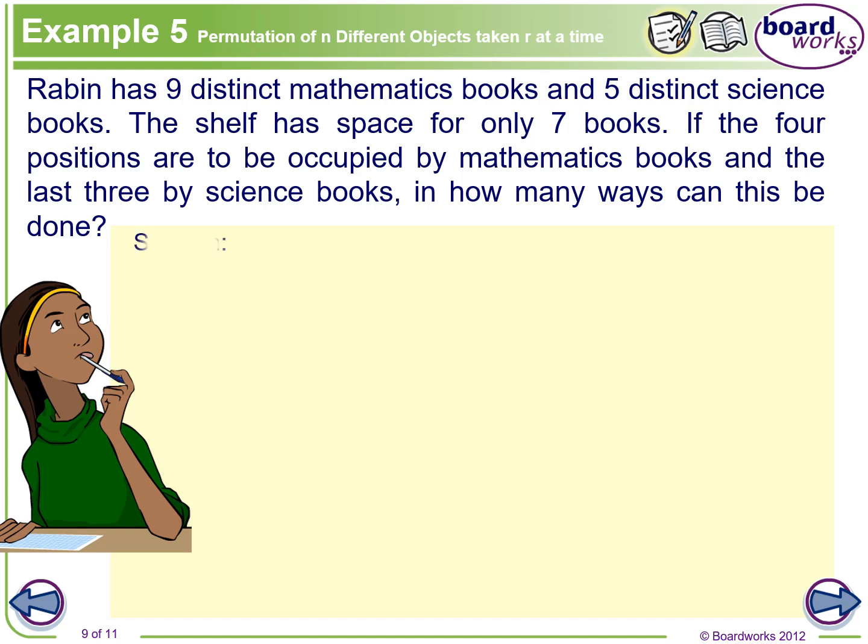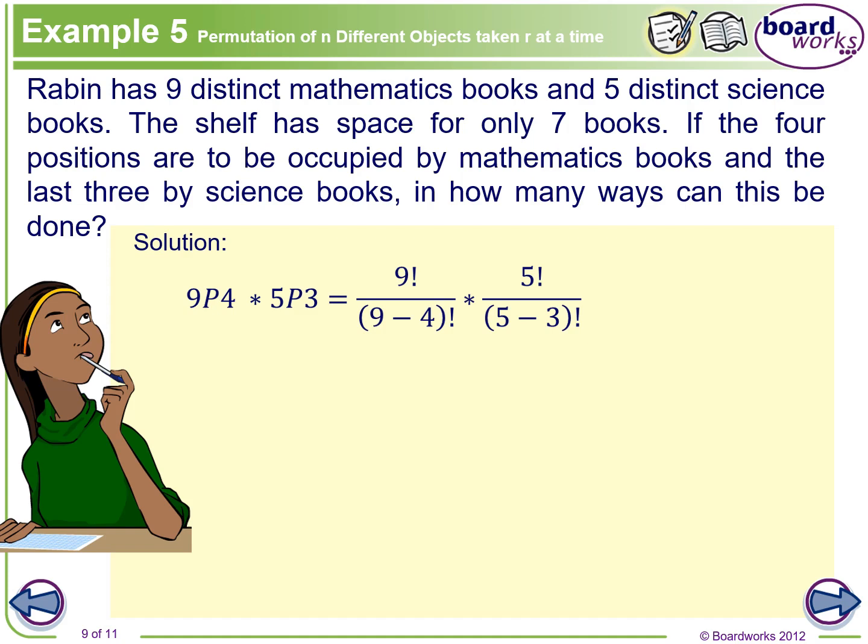The permutations of the 9 mathematics books taken 4 at a time, multiplied by the permutation of the 5 science books taken 3 at a time. Substitute: 9 factorial over 9 minus 4 factorial, times 5 factorial over 5 minus 3 factorial.